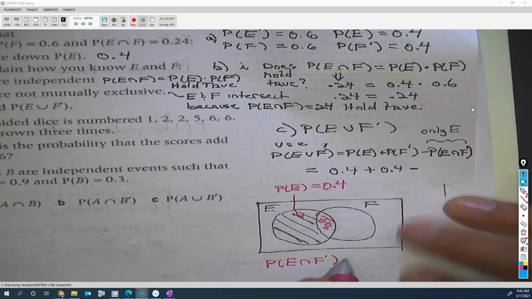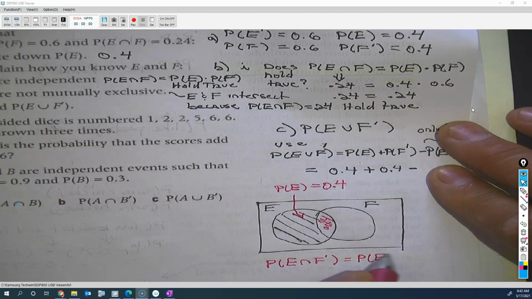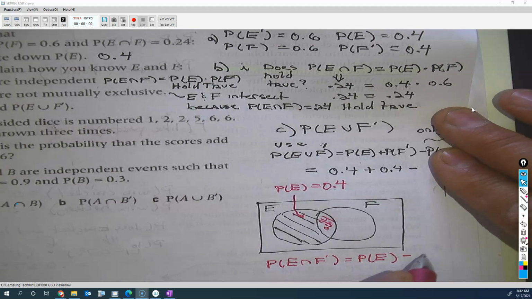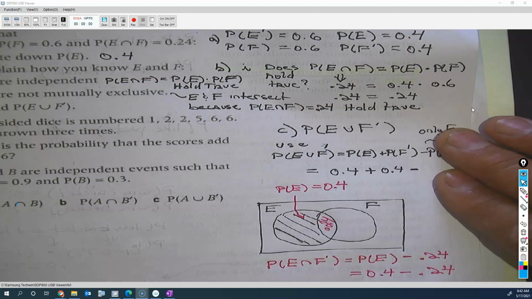Questions on this? So I'm going to take away 0.24, which is 0.16.